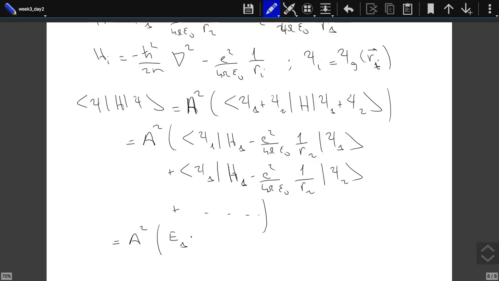From the second term, we have minus E1, minus e squared over 4 pi epsilon 0, psi 1, 1 over R2, psi 1.